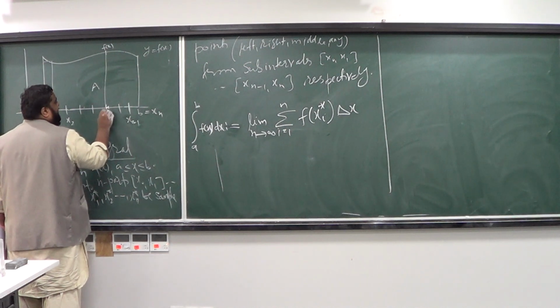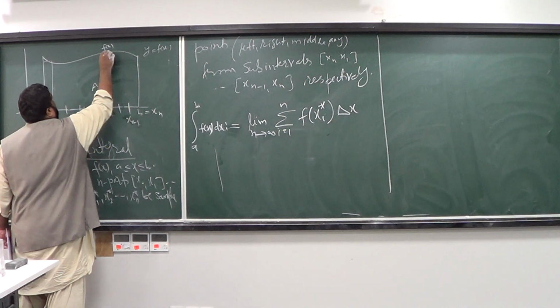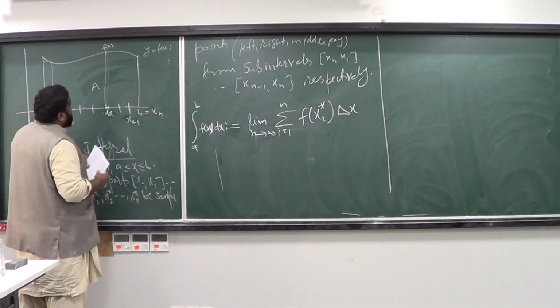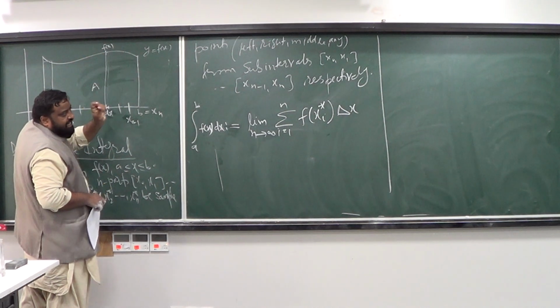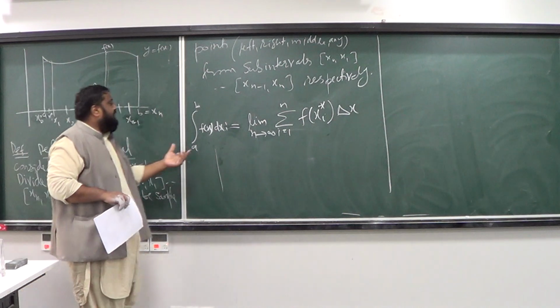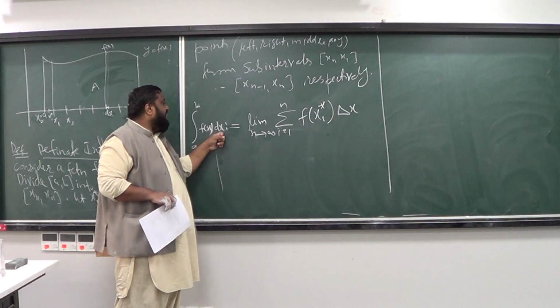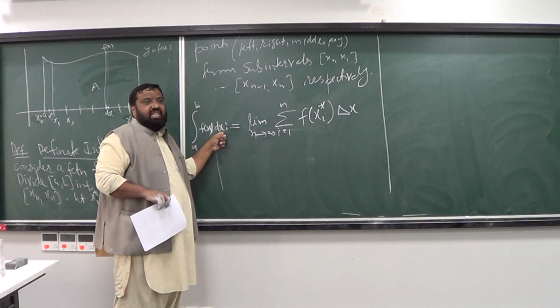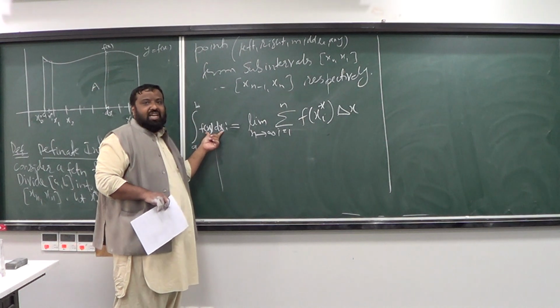We know that dx is a really small quantity. It looks like a big one, but it's not; it's a really tiny rectangle. So f of x is the height, dx is the width of the rectangle, and this is the area of the rectangle.